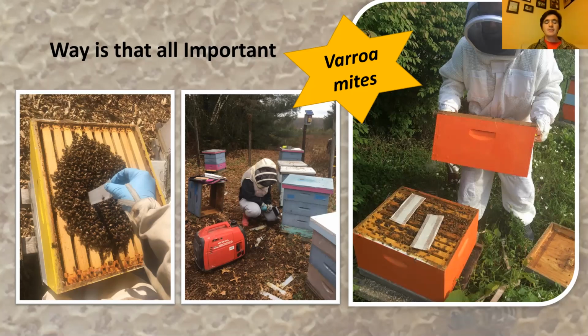So what I'm doing there in January is putting them in the hives as they build up coming into spring, making sure that all the varroa mites are dead. Here we are in December last year.